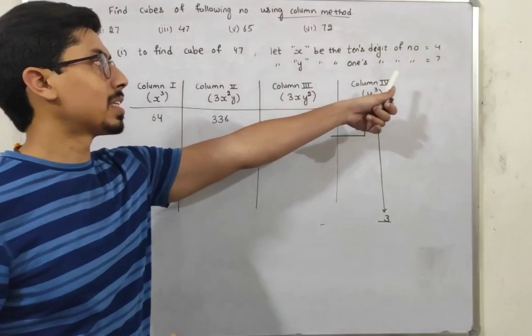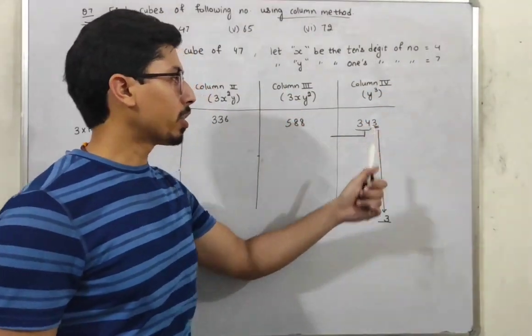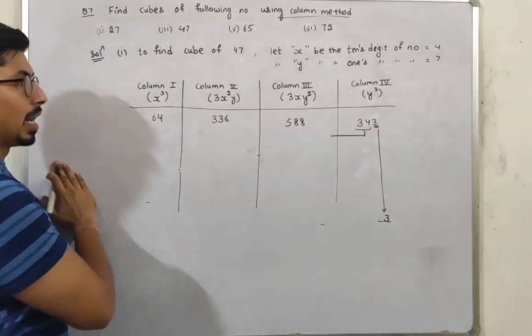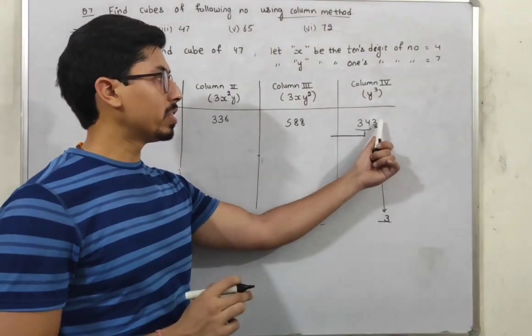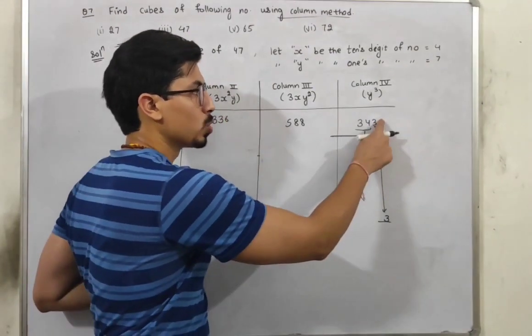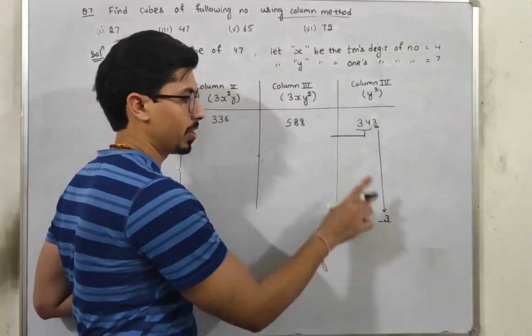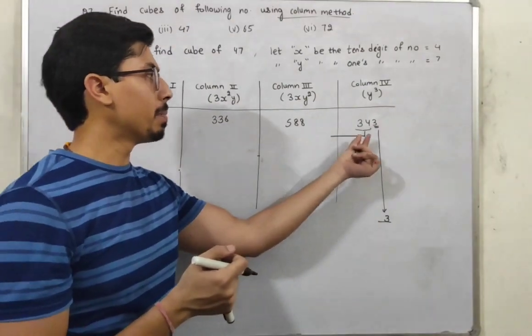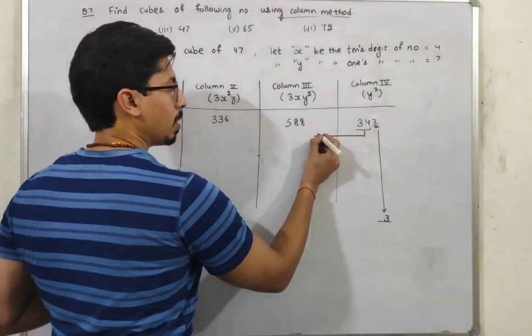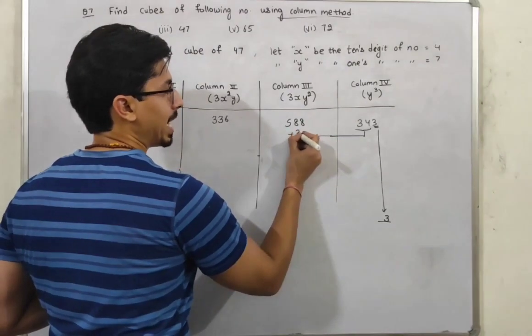Now the y is 7, so 7 cube is 343 itself. From the last, we have to just take the ones place. The last digit is 3, so just put 3 here as it is, and the remaining number is 34. So just take this 34 and put it here and add them.